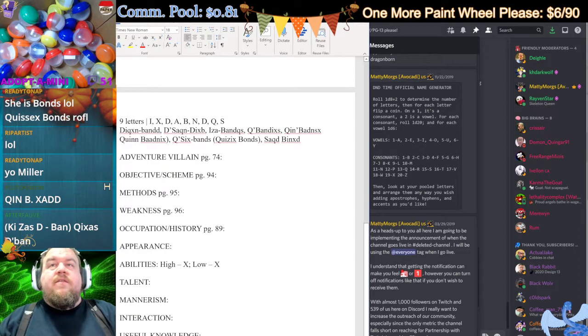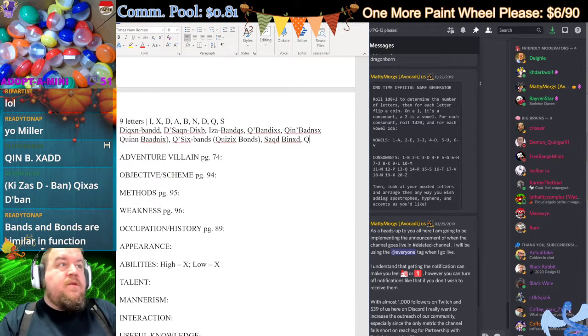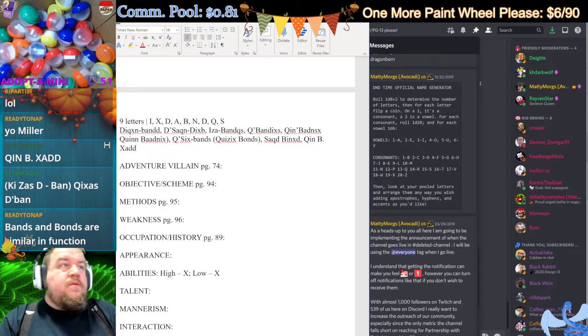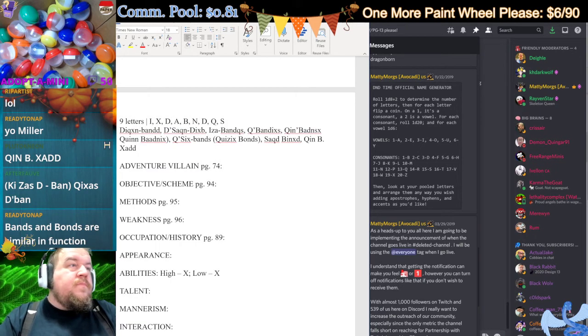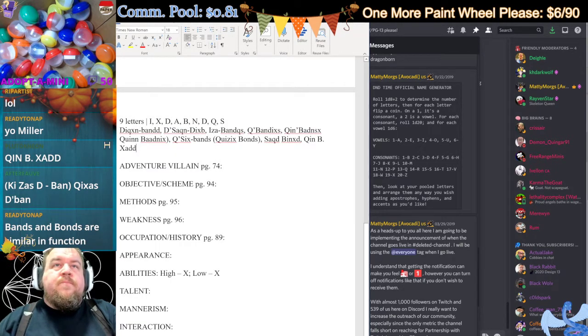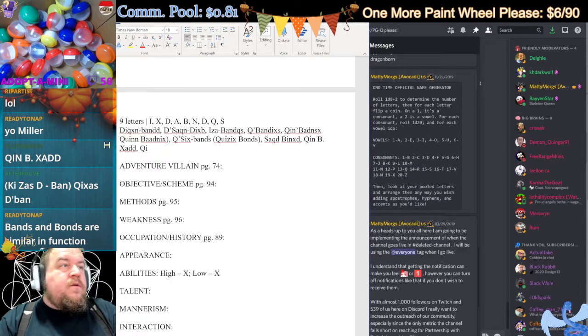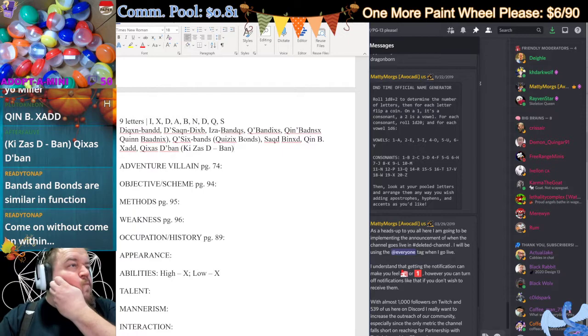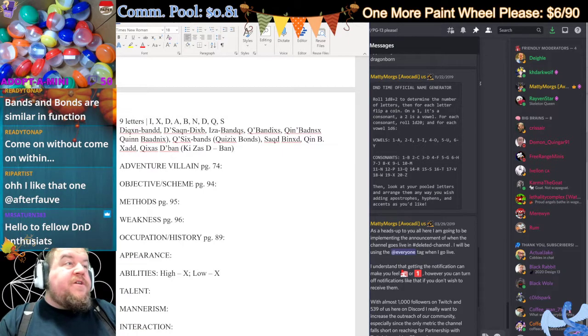Kin B Zad. Bands and bonds are similar in function.